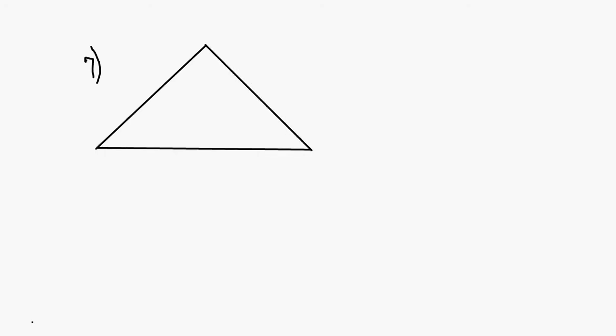Number 7. Number 7 says an isosceles triangle has an area of 105. Isosceles triangle has 2 congruent sides. So you're given that the area is equal to 105.